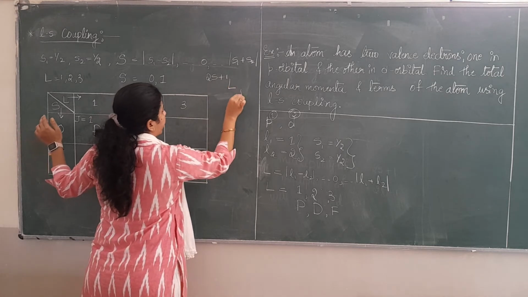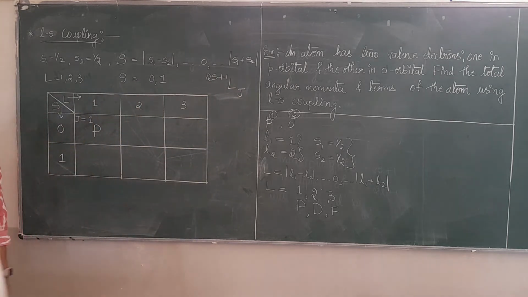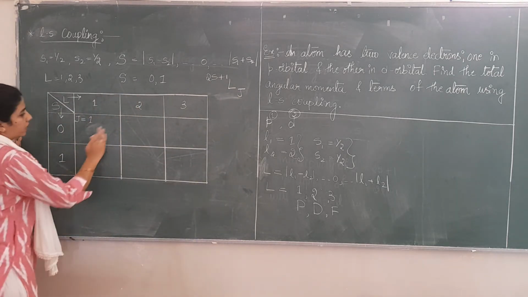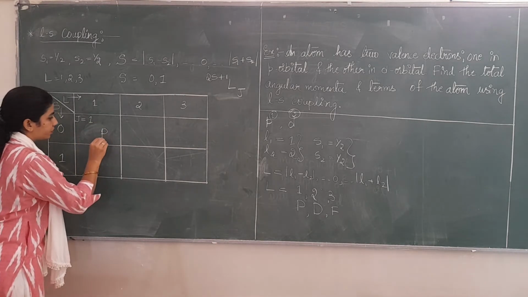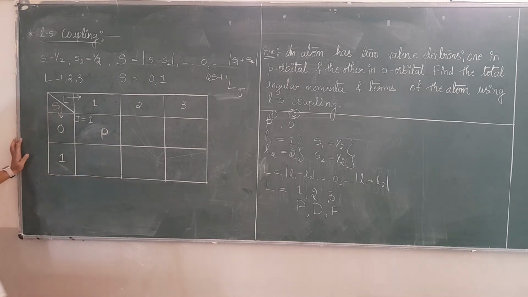The term is written as 2S plus 1, L, J. So the term will be P with 2S plus 1. Why am I taking 2S plus 1 and not 2L plus 1?